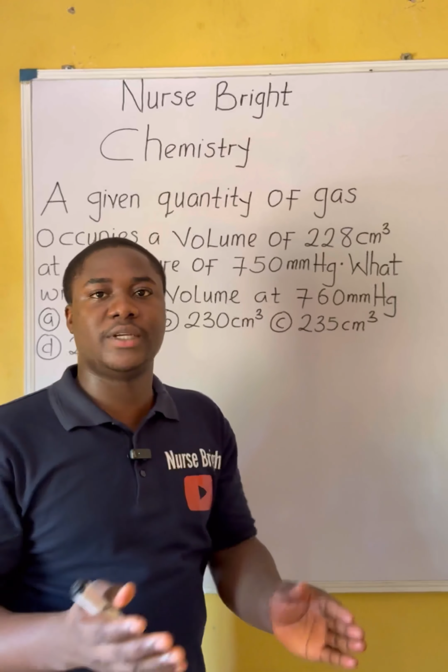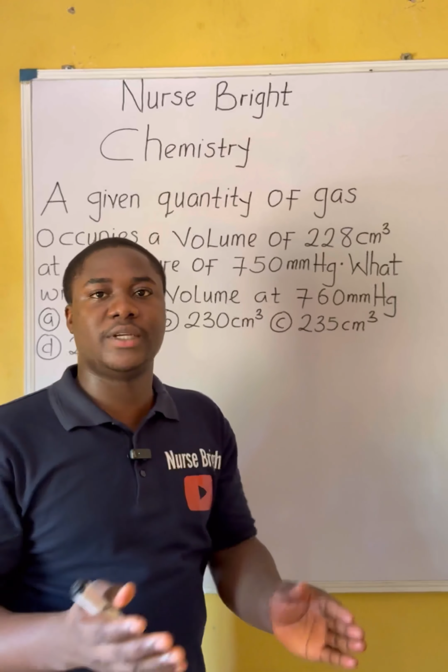So P2 here cancels P2, remaining just V2. So V2 will now be equal to P1 V1 over P2. So what is the P1? The initial pressure, the first pressure seen in the question, 750 mmHg. Just pay attention. Times what is the V1, which is the initial volume, the first volume seen, 228 centimeter cube.